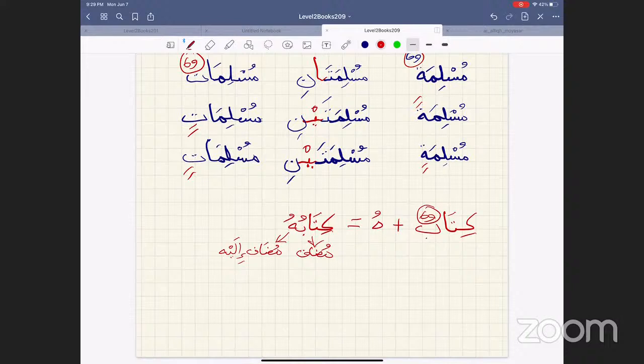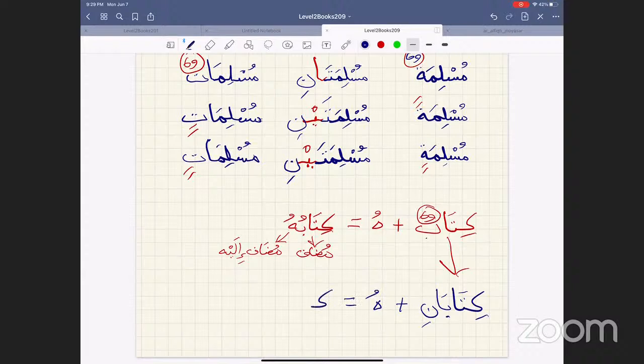We would change kitab into kitabani. That ani lets us know that it is 2 books. But we want to say his 2 books, so we have to add the hu at the end.